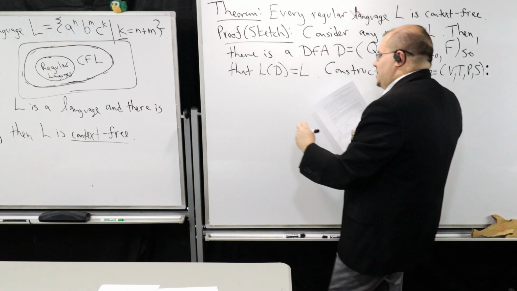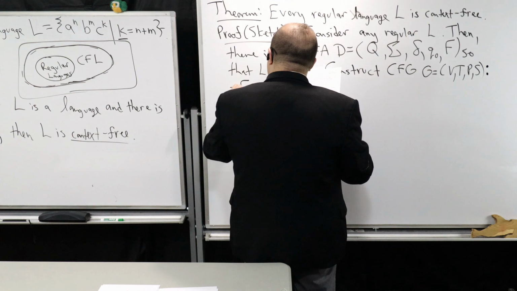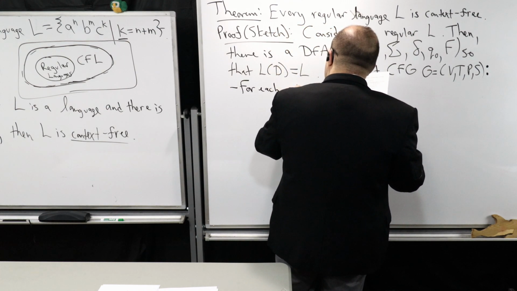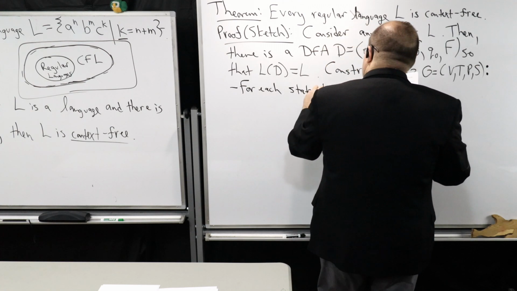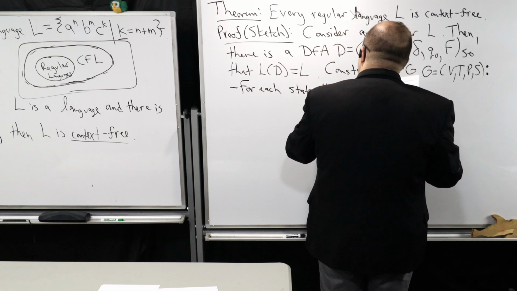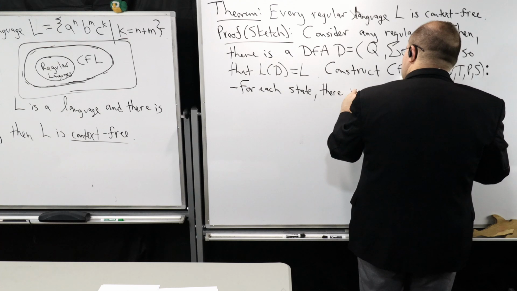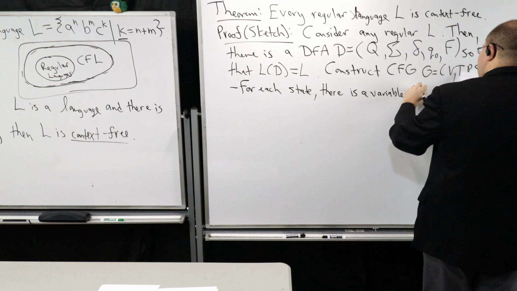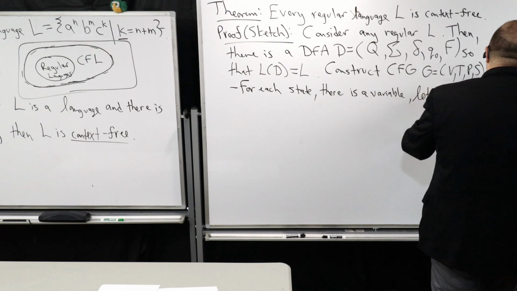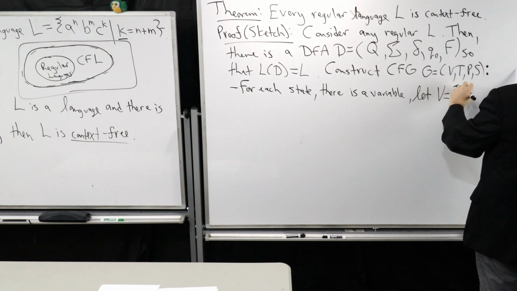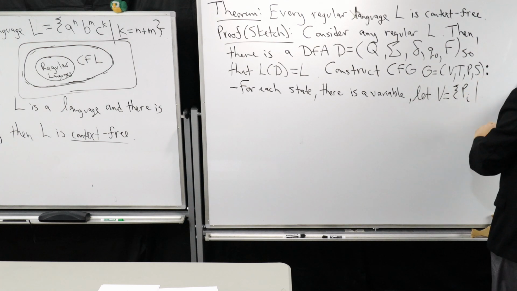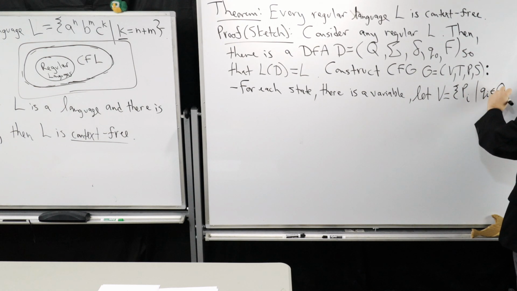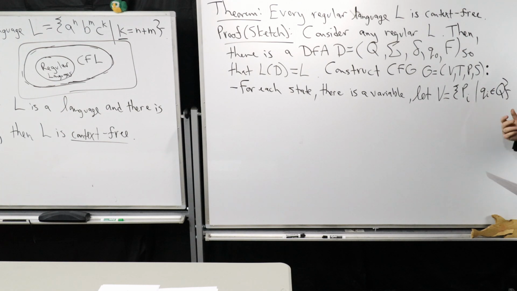So here's the idea. You're going to take each state in Q. For each state, there is a variable. So you're going to introduce a variable for each one of your states. You're going to let V be equal to Pi such that qi is in Q. Hopefully you can see all of that.